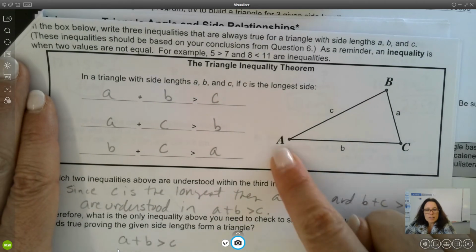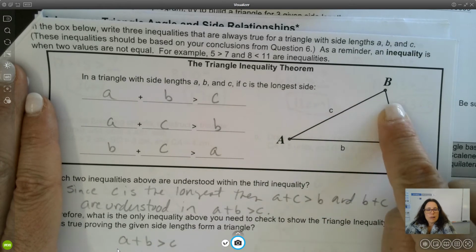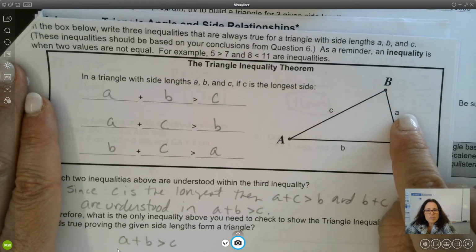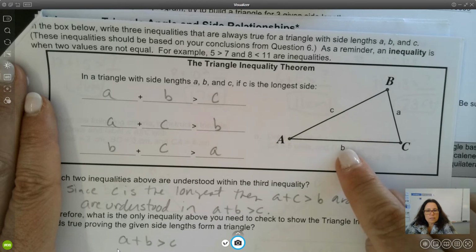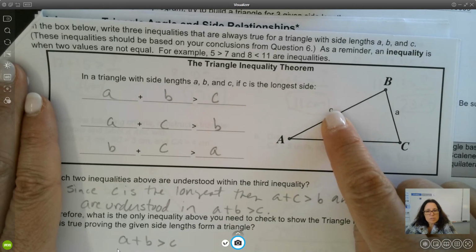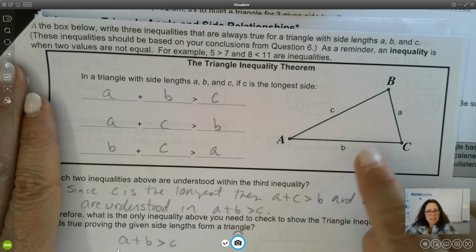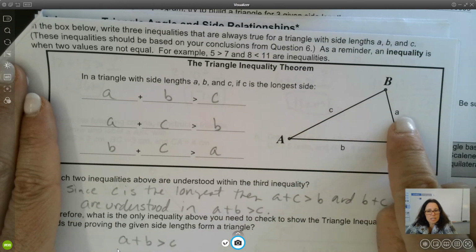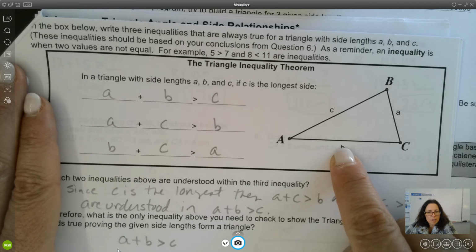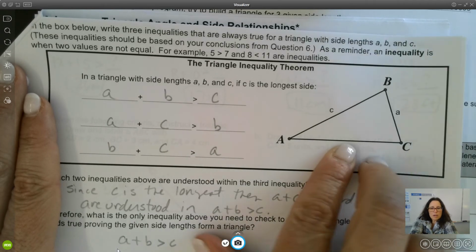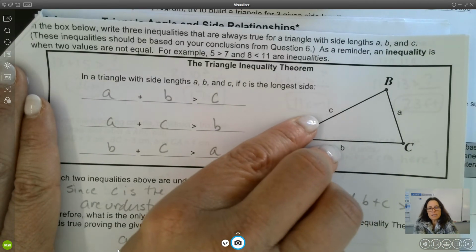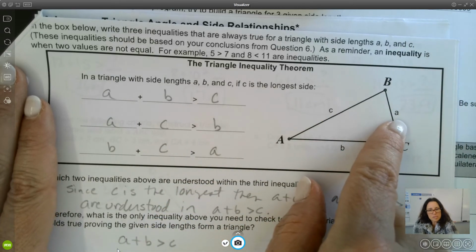Using this, we're going to add together these two side lengths and it must be bigger than this. And we're going to add together these two side lengths and it must be bigger than this. And then the only one left to compare are these two side lengths added together. It must be bigger than this length.